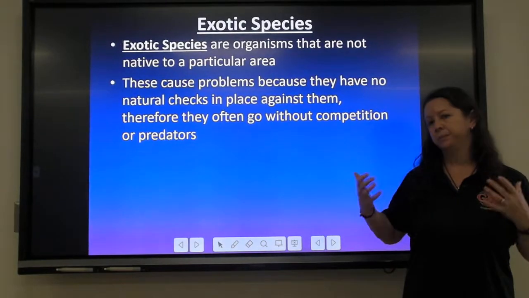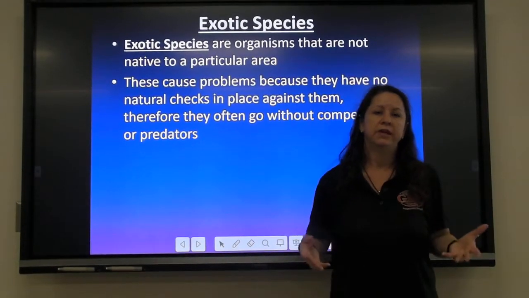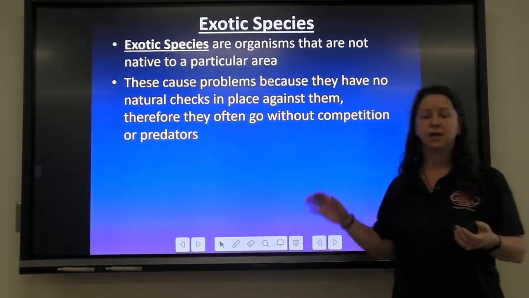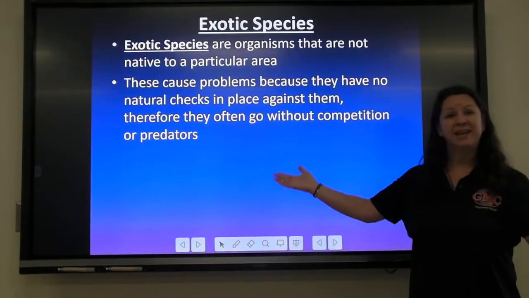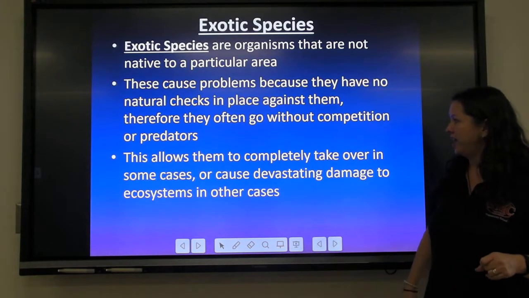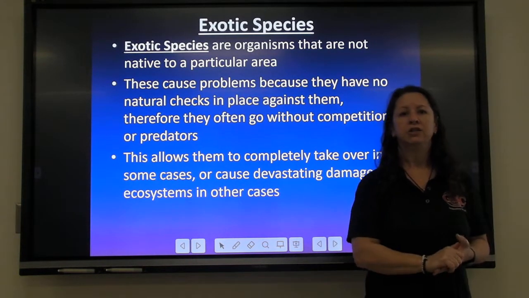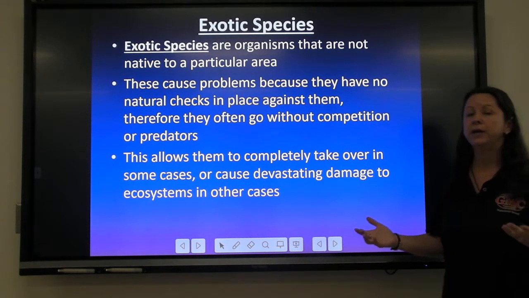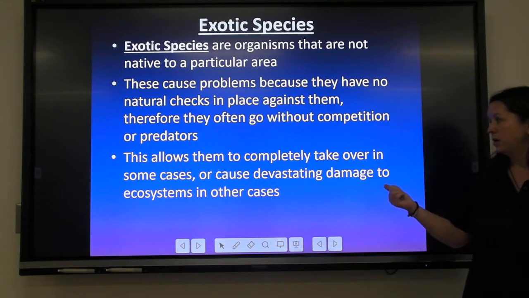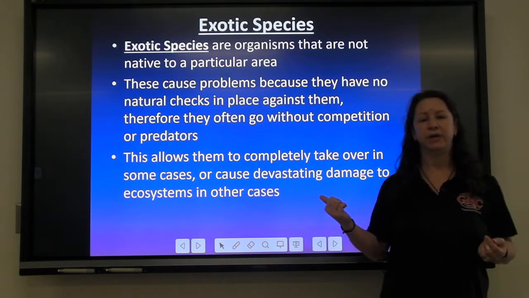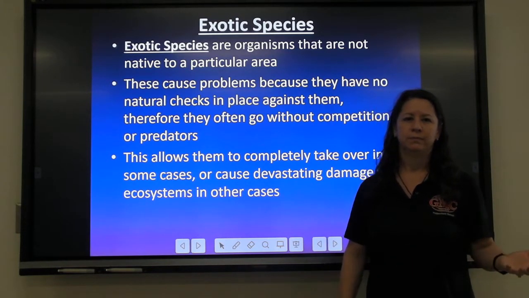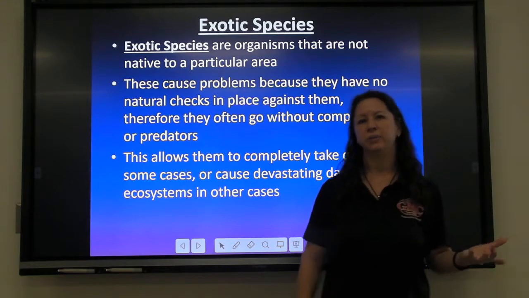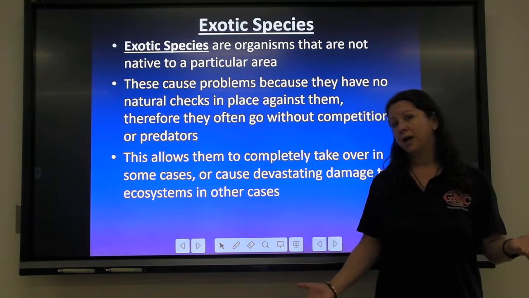Well, these things don't have anything to check them. They don't have anything to keep them balanced because there's no competition. Okay? There's often nothing that eats them, and so they go unchecked. And that allows them to completely take over ecosystems, or in some cases, cause devastating damage. Kudzu is a great example. Humans brought kudzu to the American South to try to stop soil erosion.